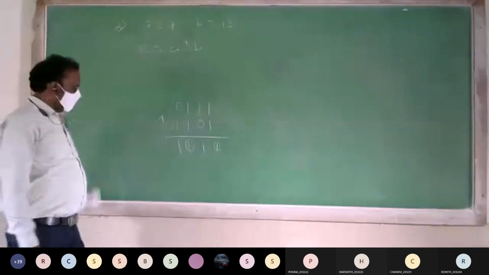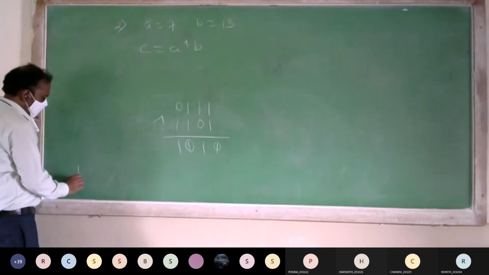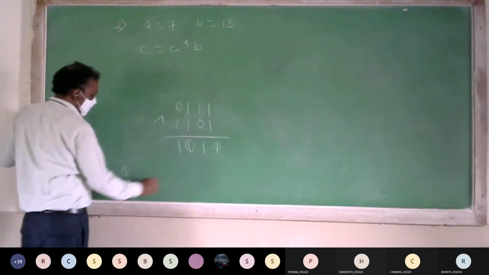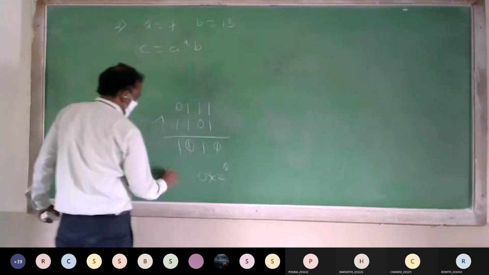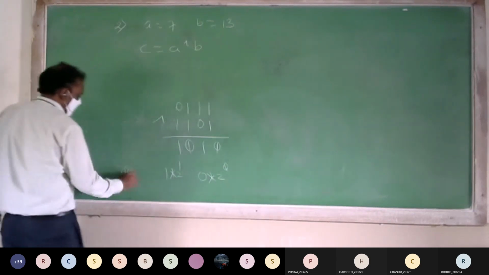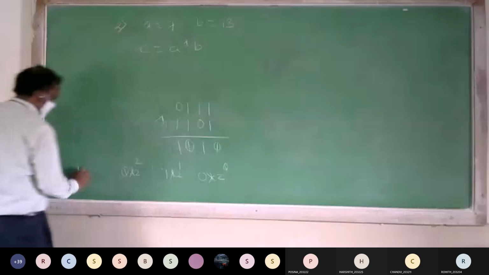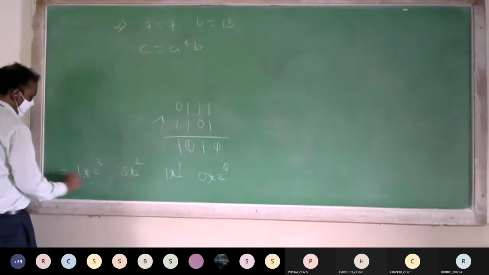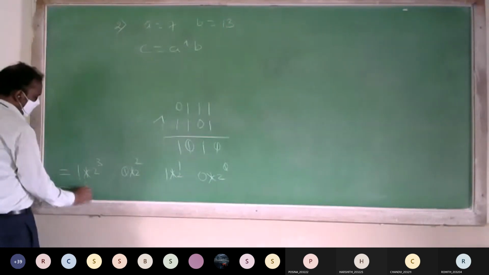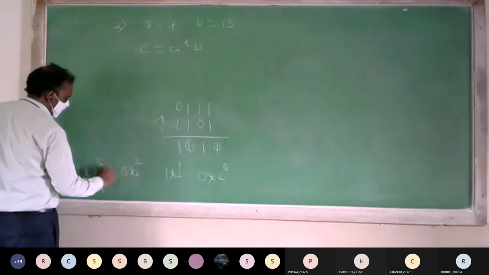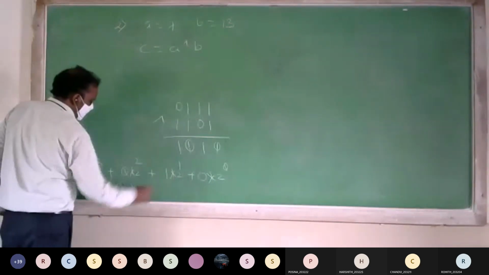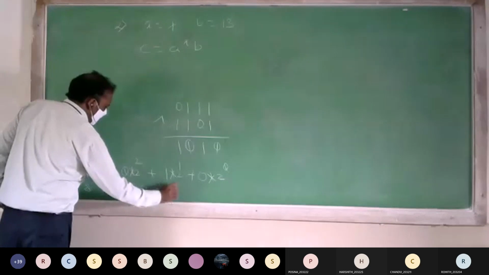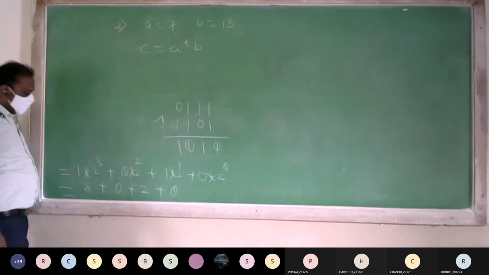Now convert that into decimal. 1 0 1 0 into 2 power 0, 2 power 1, 2 power 2, 2 power 3. 8 plus 0 into anything is 0, plus 2 power 1 is 2, plus 0 into anything is 0.